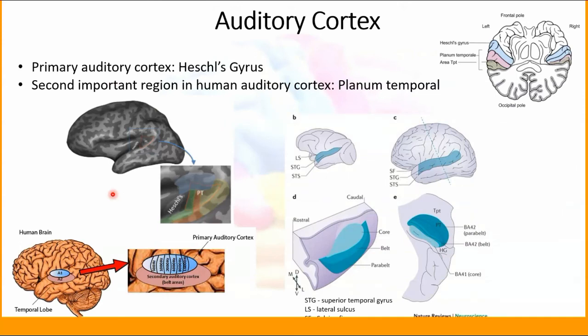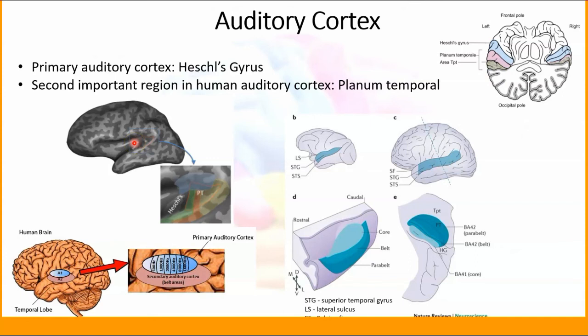The auditory cortex is the region that responds to multiple sound waves. Parcellation of the human auditory cortex shows three types of auditory fields, which are core, belt, and parabelt. The core auditory areas comprise the primary auditory cortex, located within Heschl's gyrus, known as Brodmann Area 41.